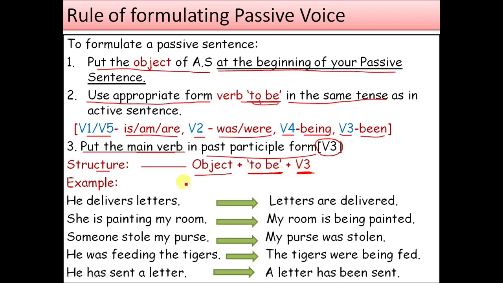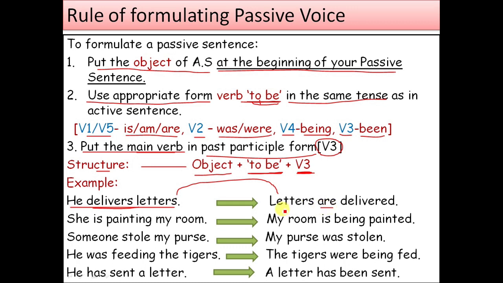Let's see some examples. He delivers letters. So first we have to put the object in the position of subject, letters, and here we have to use the appropriate be verb, and here you can see this is simple present, therefore we have to use is, am or are.